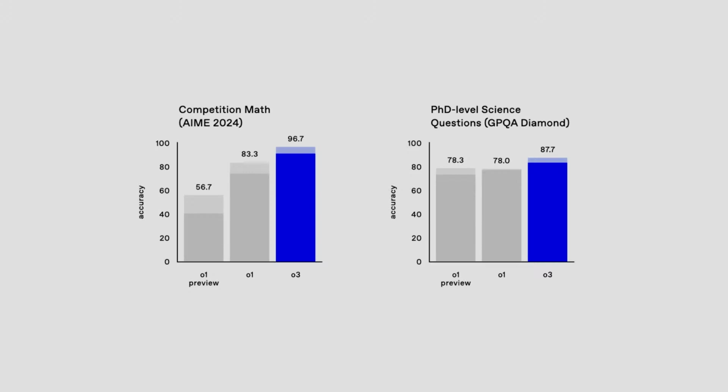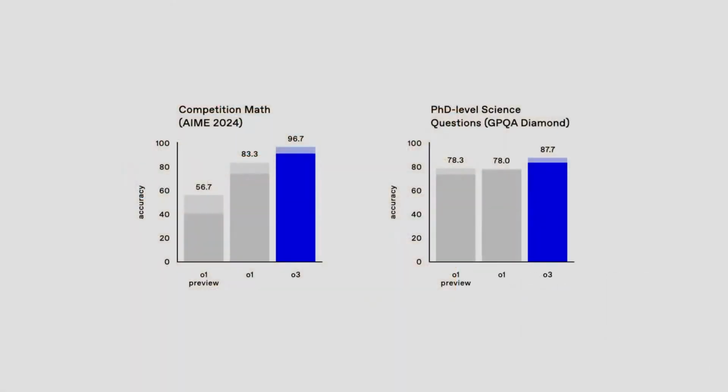So O3 gets about 96.7% accuracy versus an O1 performance of 83.3% on the AIME. There's another very tough benchmark, which is called GPQA Diamond. And this measures the model's performance on PhD level science questions. Here we get another state-of-the-art number, 87.7%, which is about 10% better than our O1 performance, which was at 78%.